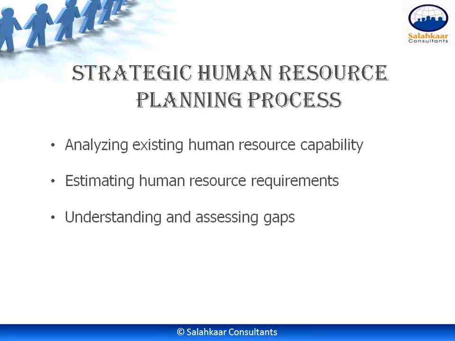It is also a judgment of what is required for my organization to optimally perform, which I can extract from my available people or by recruiting more inductees. So it requires a balanced combination of intuition and a very rational way of thinking, which we call judgment. And then the last one is understanding and assessing gaps.